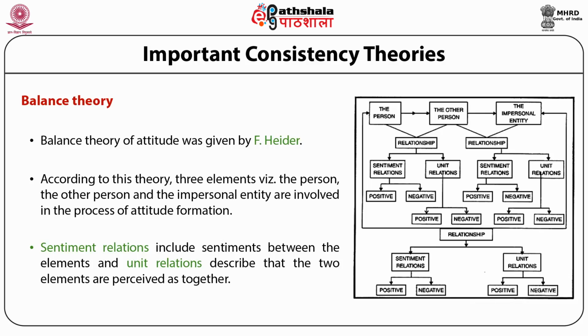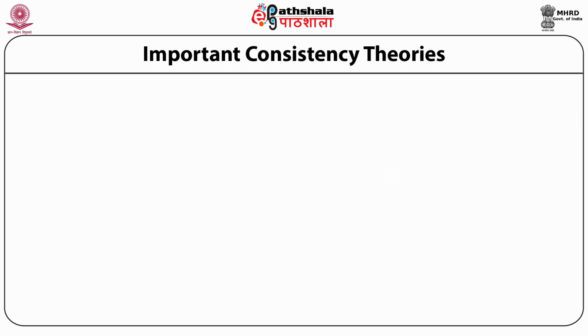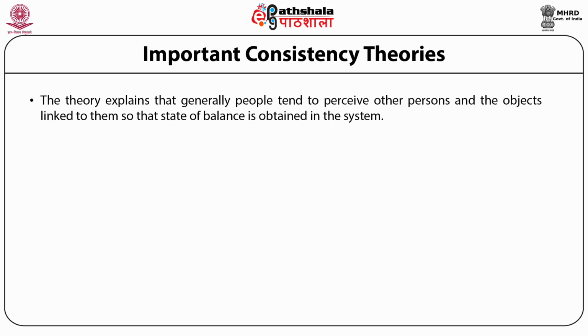Both are of positive type or of negative type. Having seen the exhibit, we can say that this theory explains that generally people tend to perceive other persons and the objects linked to them so that a state of balance is obtained in the system.